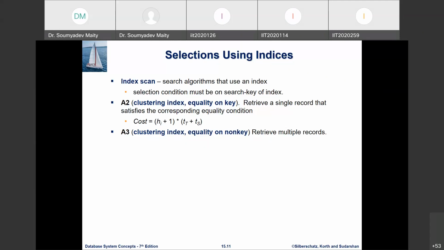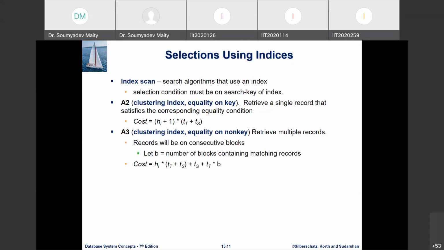This is the cost. So what is happening? We are actually scanning the index, the B plus tree, to check for the equality condition. Fine. Now, let us assume that we are doing this on a non-key attribute.